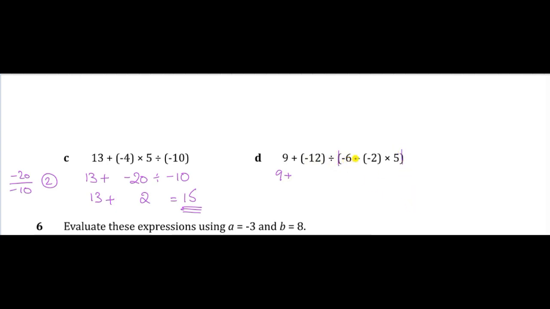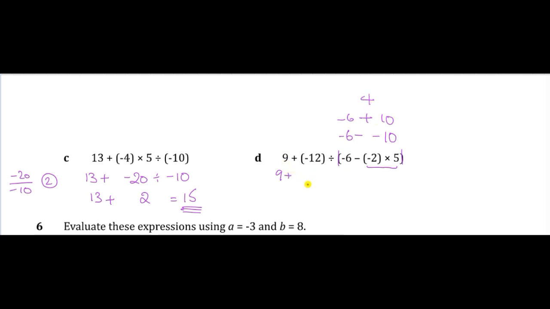I've got negative 6 take negative 2, but that negative 2 is multiplied by 5 first. So negative 2 times 5 is negative 10. So I have negative 6 subtract negative 10. Negative 6 plus 10 gives me 4.